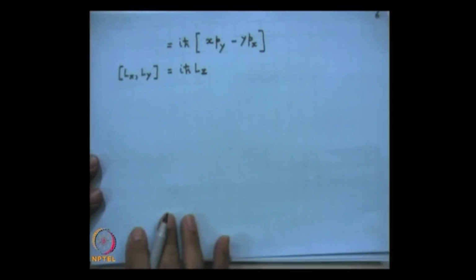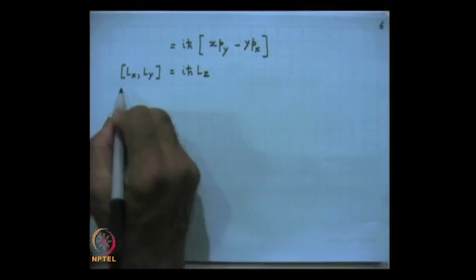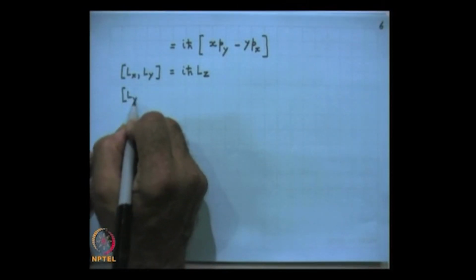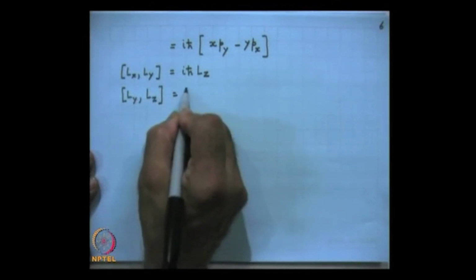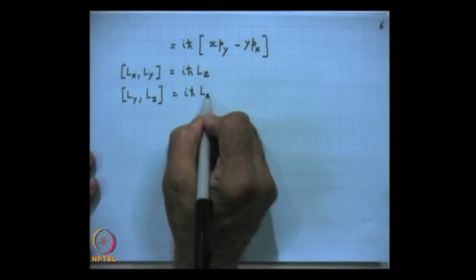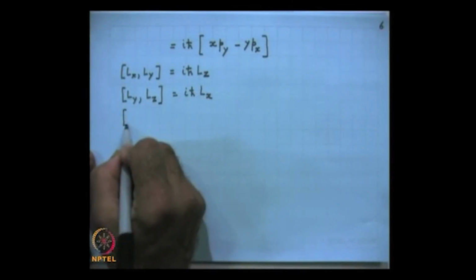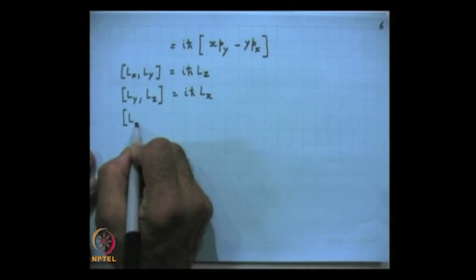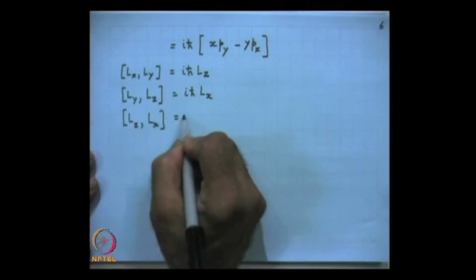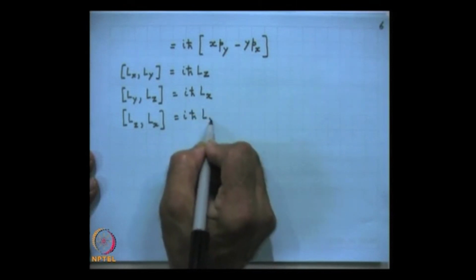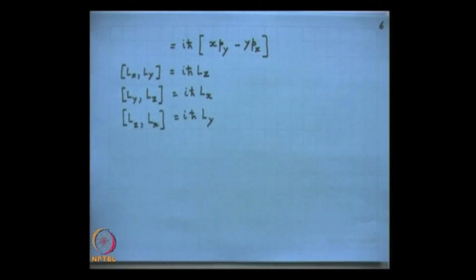Similarly, you can write in cyclic order that Ly Lz is equal to i h cross Lx, and Lz Lx is equal to i h cross Ly. These are the important commutation relations, which we will take as the starting point of our analysis.